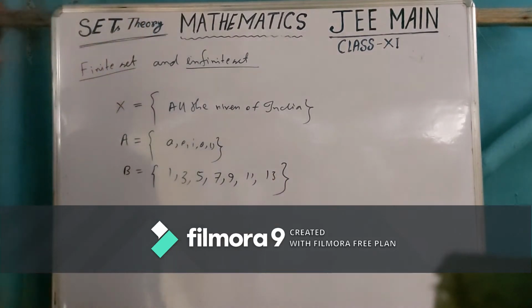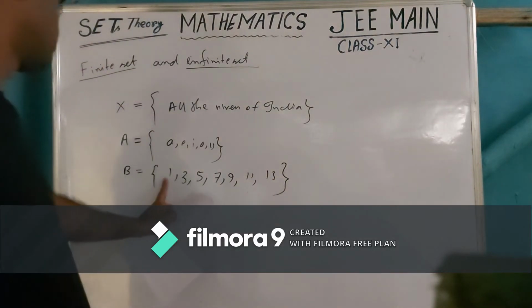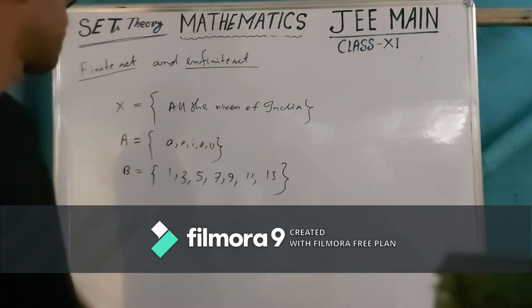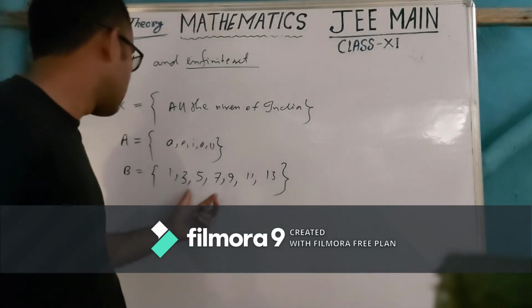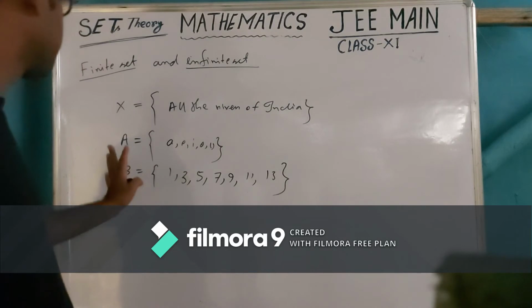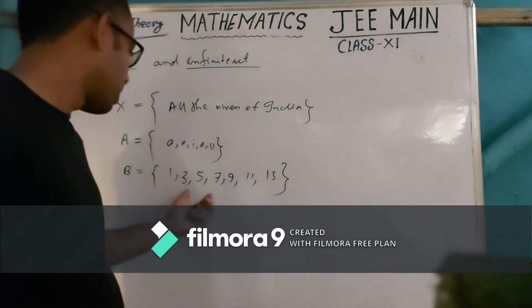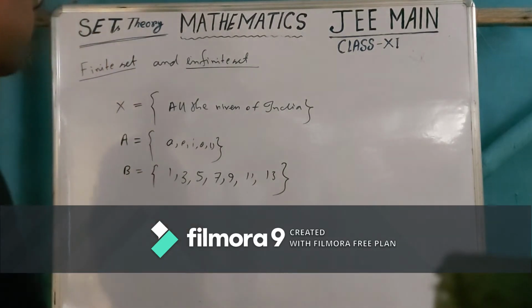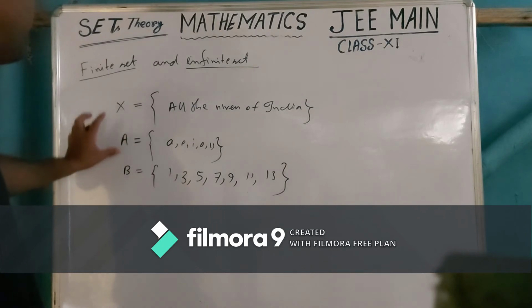We consider another set B equal to {1, 3, 5, 7, 9, 11}. This set is a finite set because we can count the elements of this set.